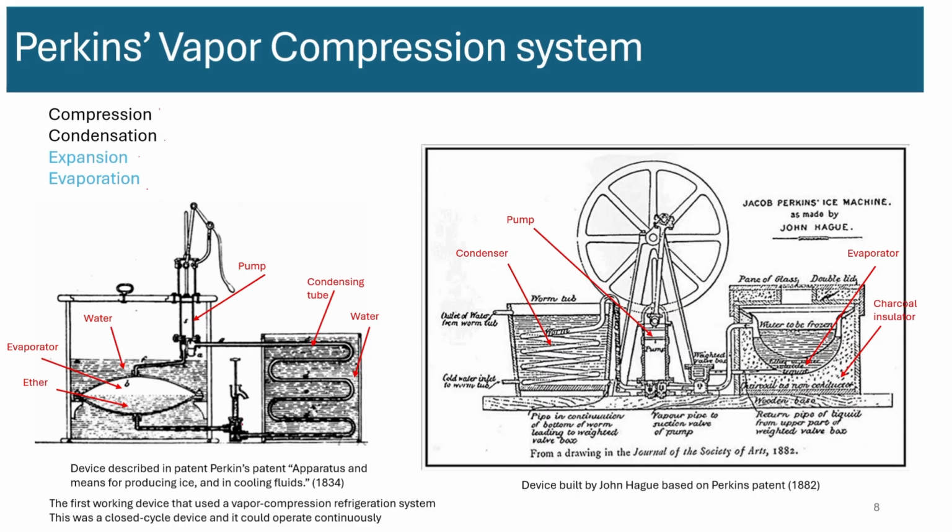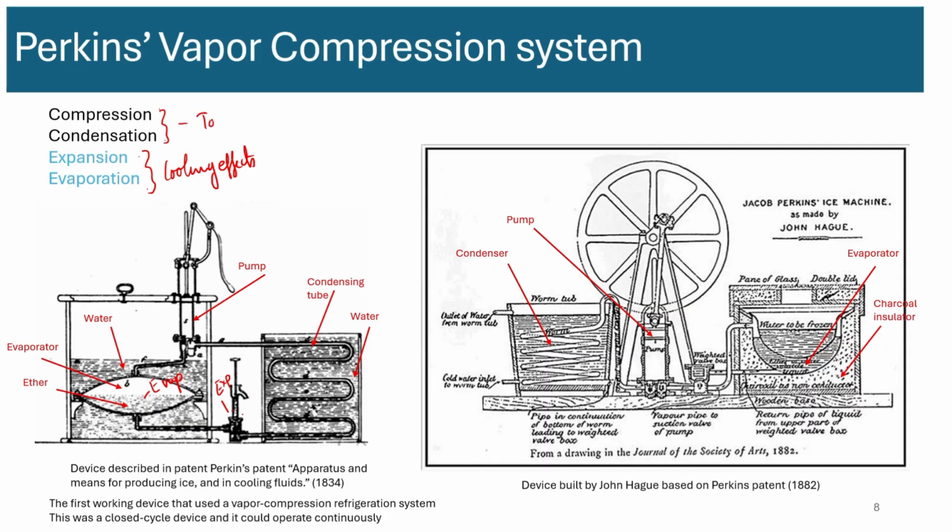So the expansion that happens here, the expansion and the evaporation, these two are the cooling effects. These two things are what actually creates the low temperature. Condensation and compression are basically to complete the cycle and make it a fully practical device where you can keep running it, right?